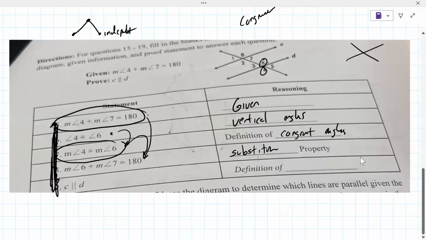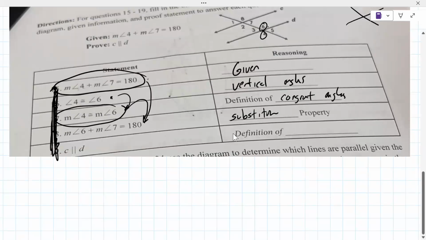Since they're not parallel yet, we can't say that. It's kind of like going backwards. So actually, this is a converse proof, but they don't seem to put it that way. I'm not really sure what goes here, but something to do with parallel lines. Definition of same side interior is what those angles are.